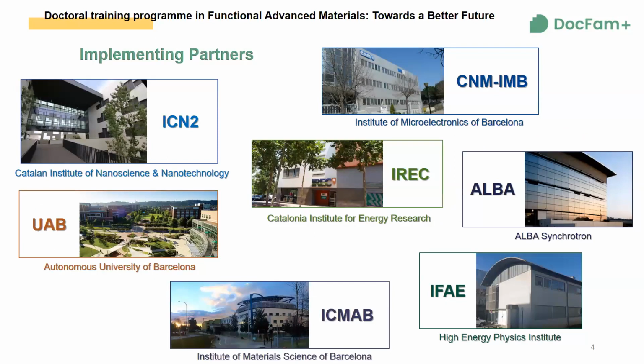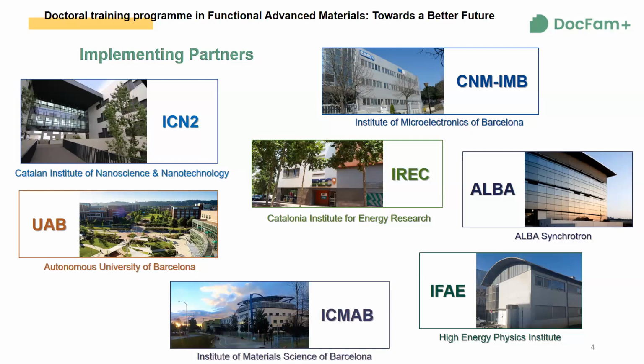So if you apply to the DocFam doctoral program, you will have to choose between the 7 partners that are part of the program to perform your PhD. You can choose to do your PhD either in the Catalan Institute of Nanoscience and Nanotechnology, the Institute of Microelectronics of Barcelona, the Catalan Institute for Energy Research, the ALBA Synchrotron, the High Energy Physics Institute, the Institute of Material Science of Barcelona, and also the Autonomous University of Barcelona.